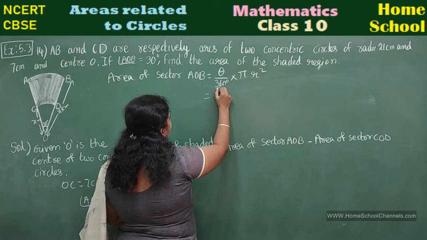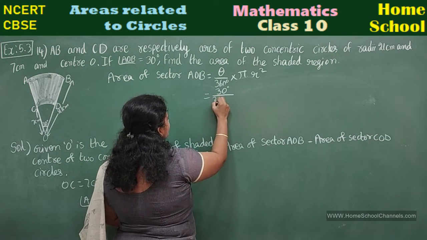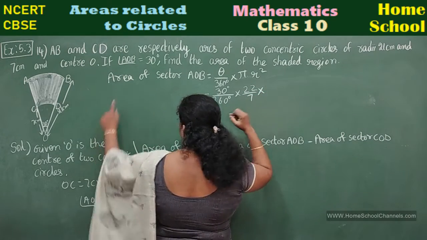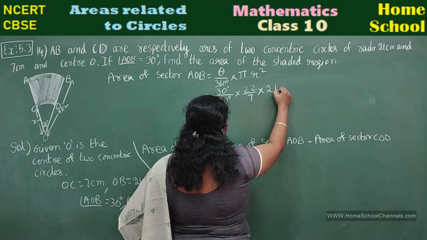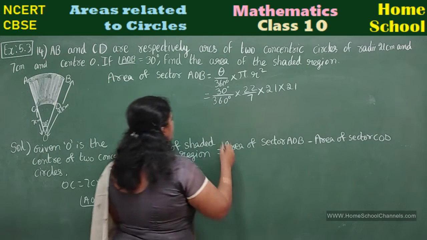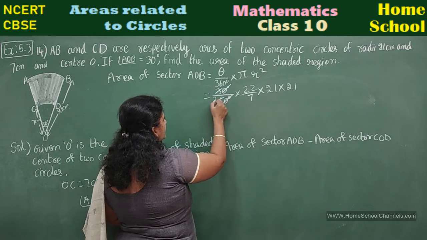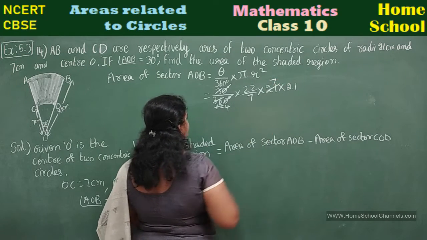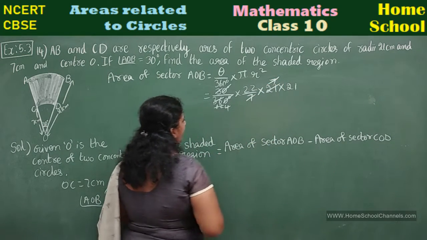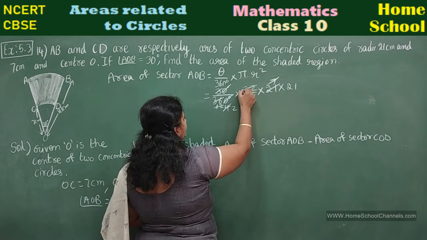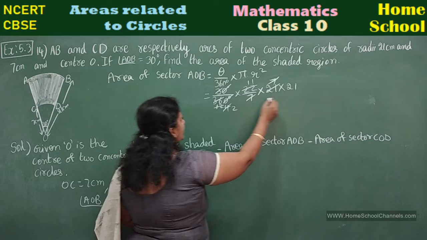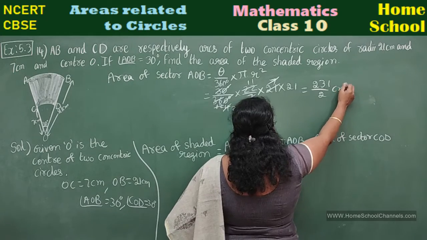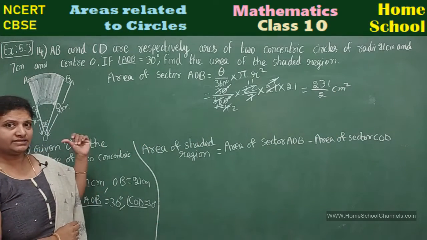Theta value is 30 degrees by 360 degrees into pi value 22 by 7, r, the radius of the big sector, 21 into 21. So cancelling, 231 by 2 centimeter square is the area of the big sector.